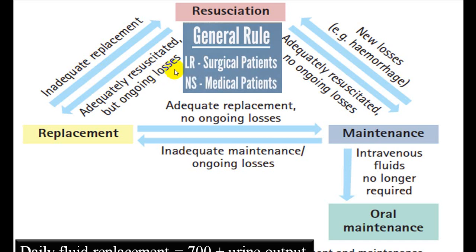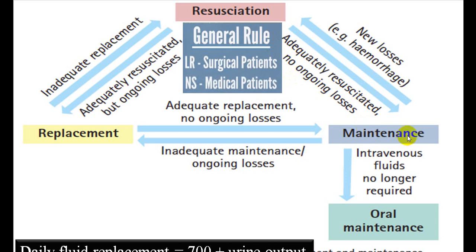and adequate resuscitation, but if ongoing losses are there, then you will have to replace those ongoing losses. And if replacement is inadequate, you will require to resuscitate. Same way, adequately resuscitated now, and there are no ongoing losses, it will require only maintenance fluid.